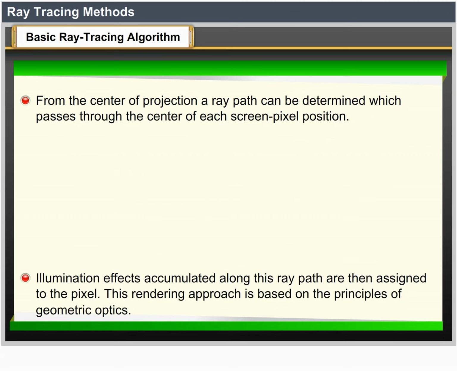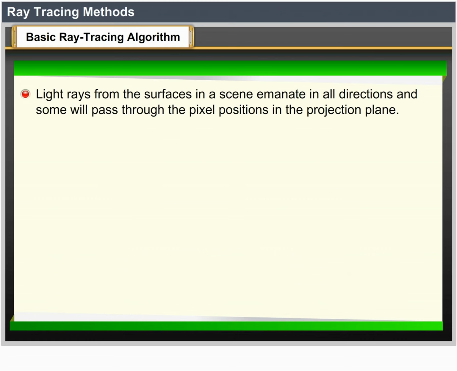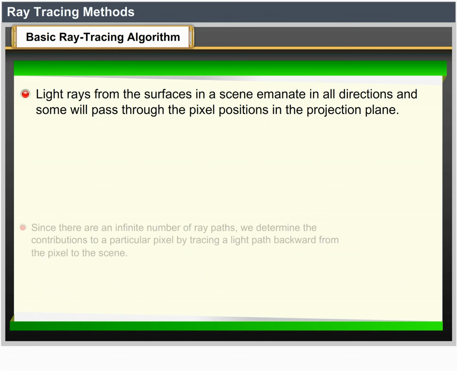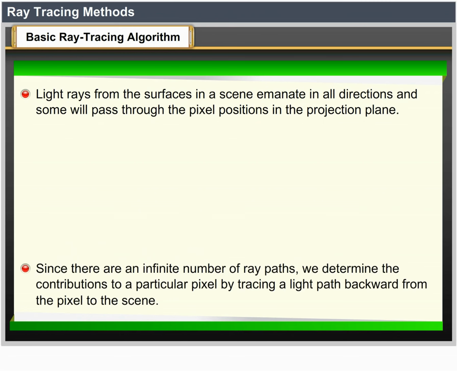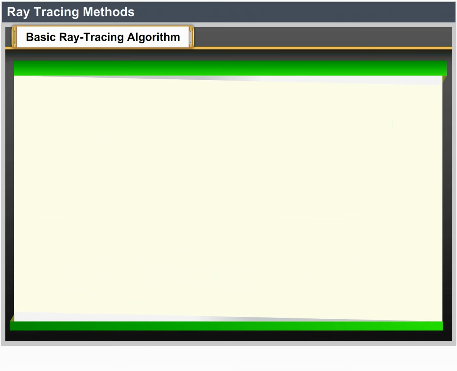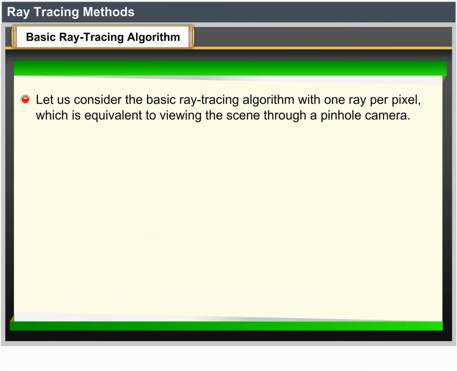This rendering approach is based on the principles of geometric optics. Light rays from the surfaces in a scene emanate in all directions, and some will pass through the pixel positions in the projection plane. Since there are an infinite number of ray paths, we determine the contributions to a particular pixel by tracing a light path backward from the pixel to the scene. We first consider the basic ray tracing algorithm with one ray per pixel, which is equivalent to viewing the scene through a pinhole camera.